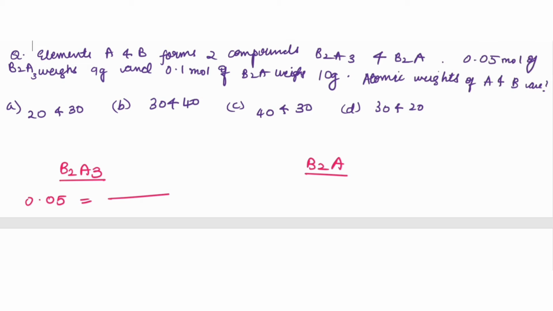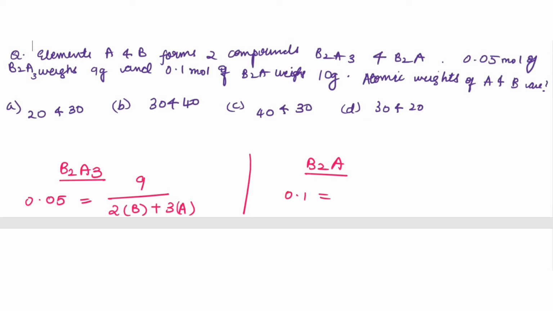By the simple direct formula, N, the number of moles, is equal to given mass by molecular mass. Applying that, 0.05 is equal to 9 by the molecular mass of this compound B2A3. So 2 times the atomic weight of B plus 3 times the atomic weight of A. So we write it as 2B plus 3A.